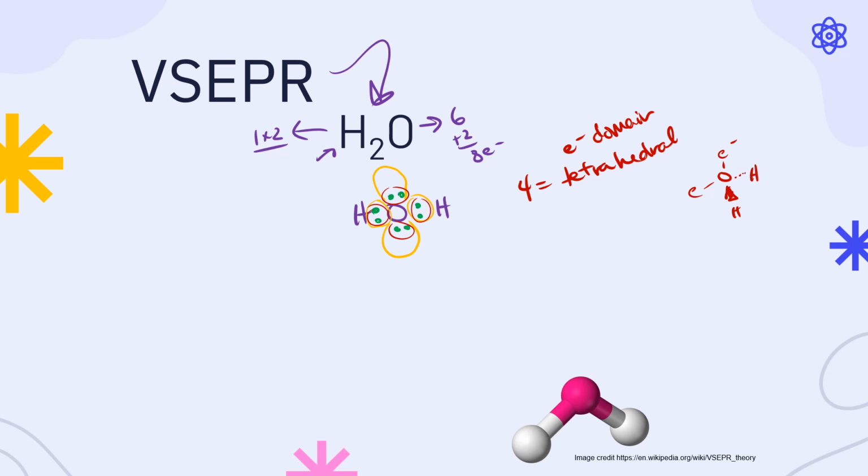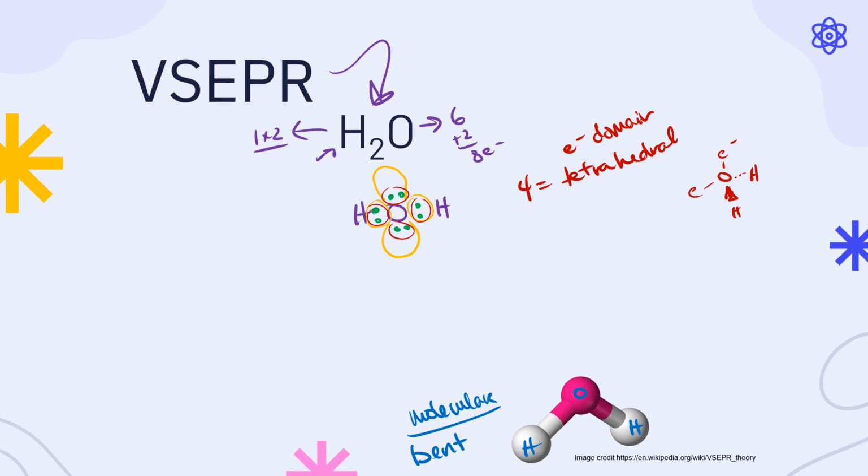So tetrahedral is our electron domain geometry. But if I'm looking just at the molecular geometry, where I only care about where the atoms are, the hydrogen and the oxygen, this guy is also bent, like ozone, but also not like ozone, because let's talk about our bond angles.